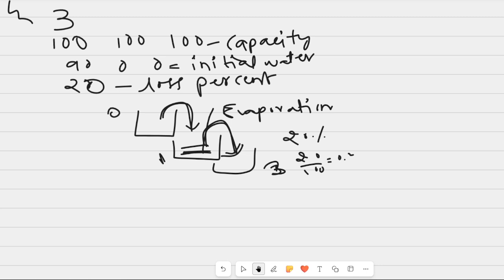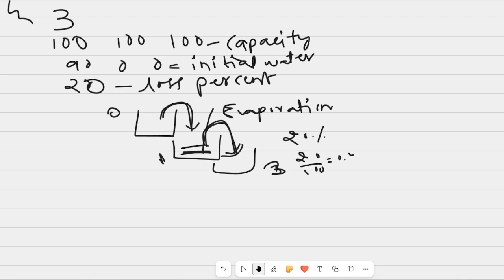Whatever water comes from the previous chamber will be multiplied with this loss percent. Let's suppose in this case they have given 100, 100, 100.